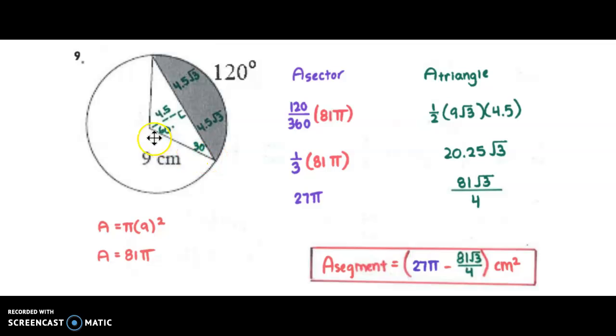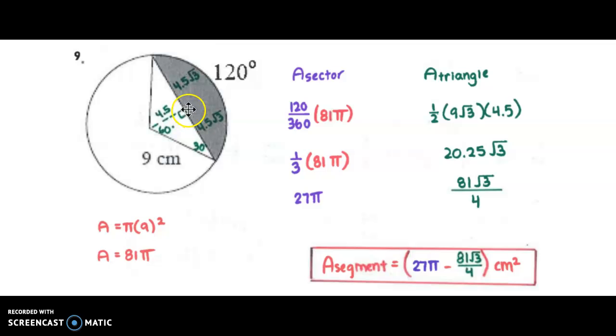So the radius here, 9, acts as your hypotenuse. And so therefore, half of that is going to be the shortest side because it's across from the 30. So that's 4.5. So that's your height for the triangle right here, 4.5. And then if that's your shortest side, then the medium side across from the 60 is 4.5 root 3.